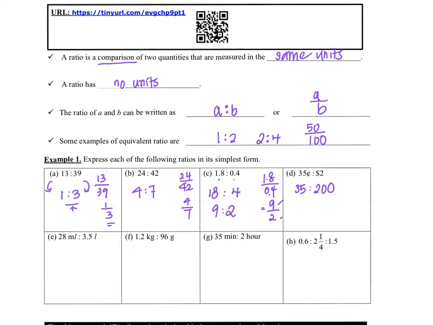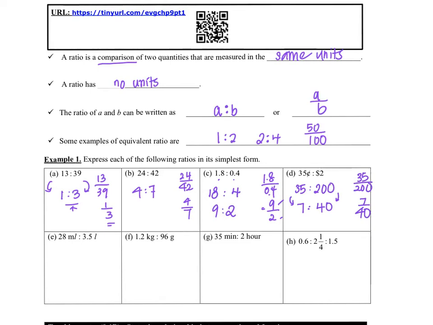Okay, or I can use my calculator, right? 35 over 200 simplifies to give me 7 over 40. So this means this ratio will be 7 over 40. Or what you can do, you divide by 5 throughout to give you the answer.